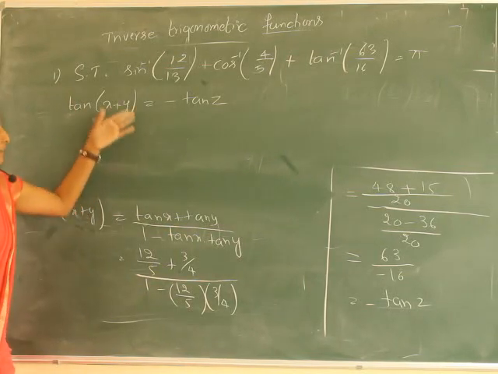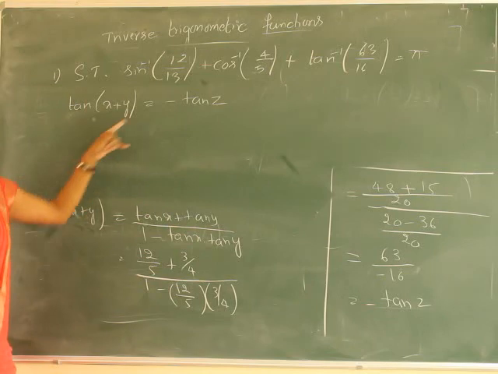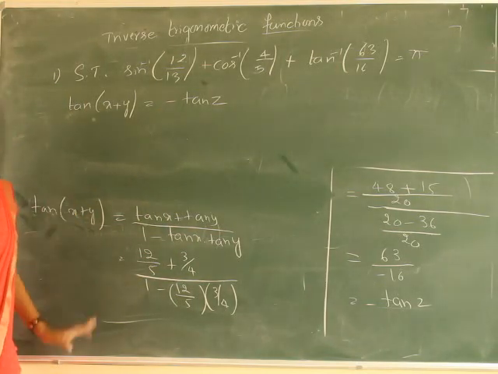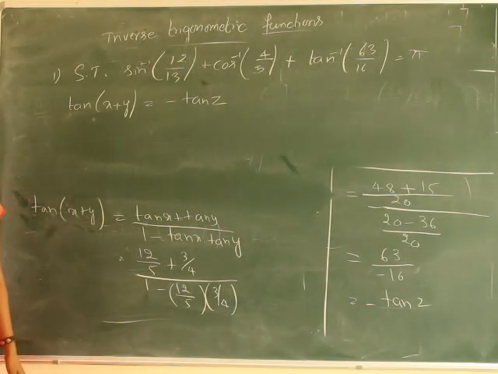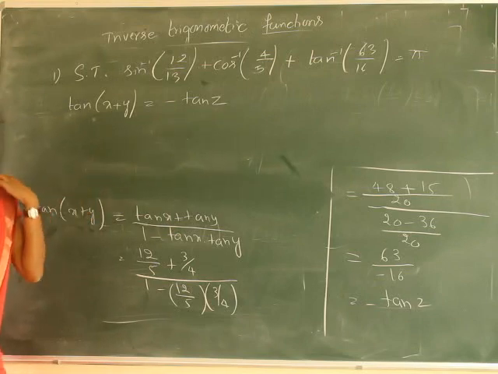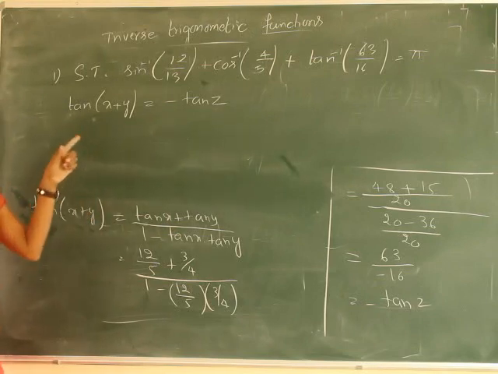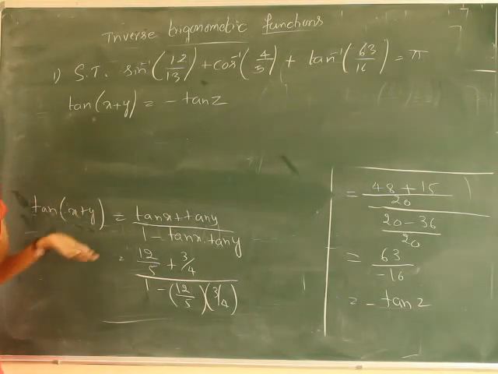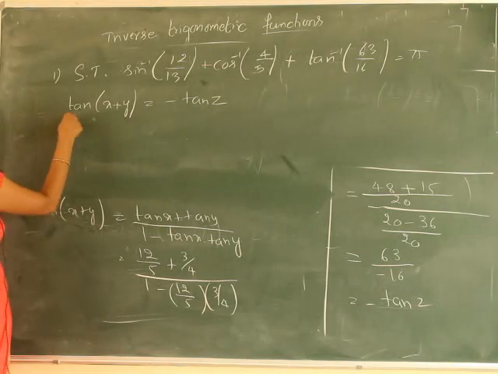But in the third quadrant tan is positive, so we won't get a negative value. But in the fourth quadrant, it is 2 pi minus, or 360 minus, or we can go in the clockwise direction, so it is minus. So minus tan z. We are getting two cases.